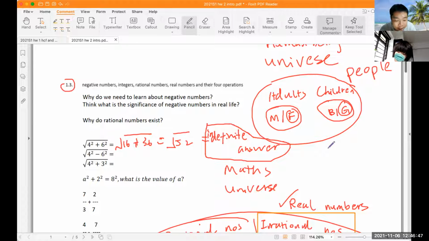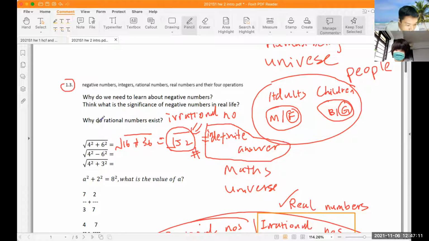Like I say, instead of having an indefinite answer, you need to use an irrational number to represent your answer. So your answer is square root 52, and square root 52 is an irrational number, opposite to a rational number. Does it make sense to you now?